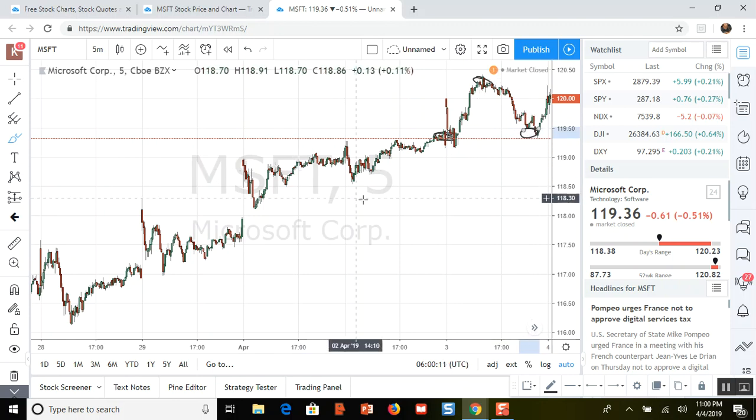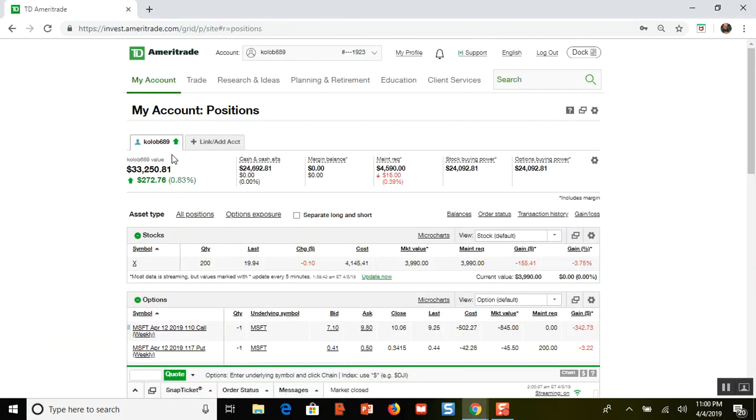Okay, and then the second thing I do is I wait for the market to open, and I see if these levels of support and resistance are going to hold. So if it was still yesterday and Microsoft were to break out up higher than this, then I would have sold to open a 118, and I have the cash in my account to cover it.